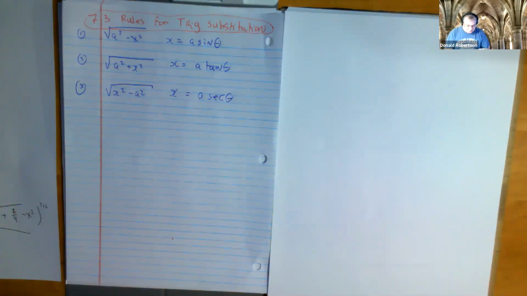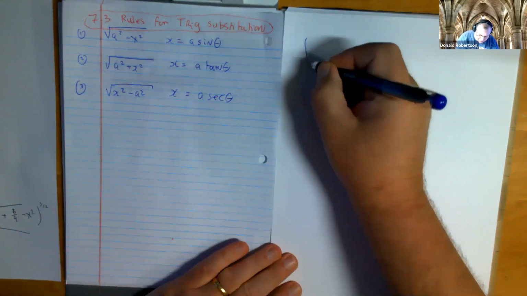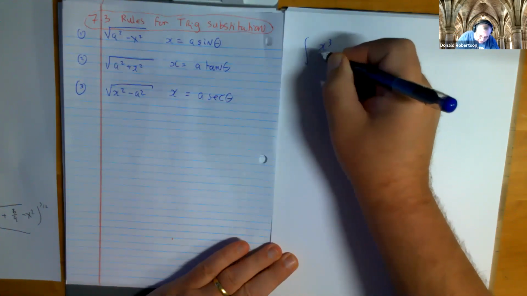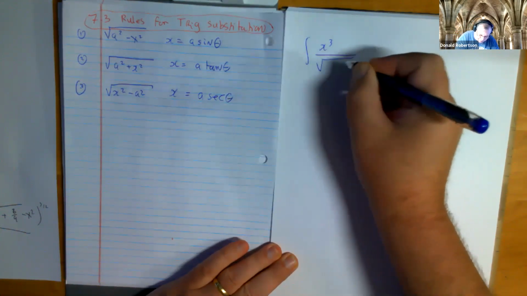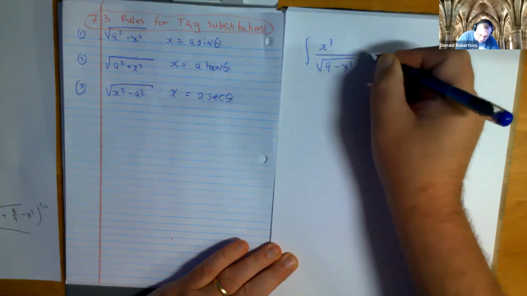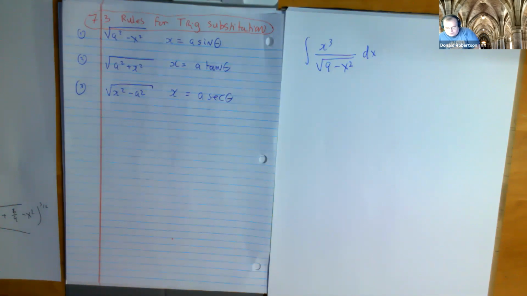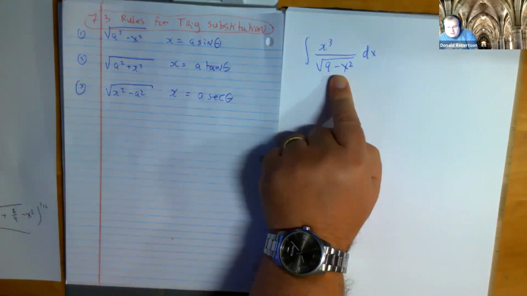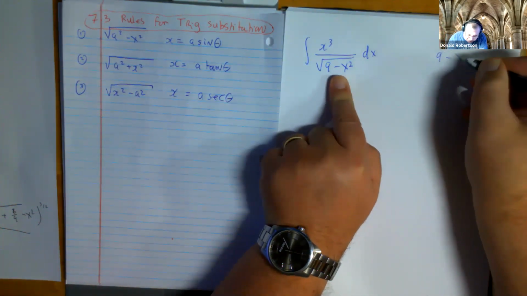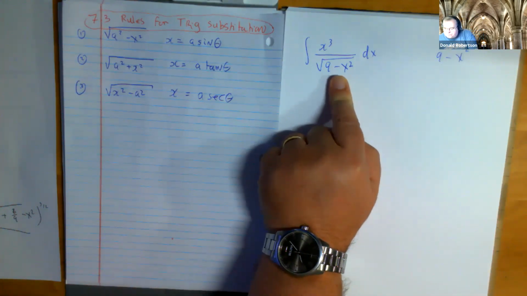So suppose you had x cubed over the square root of 9 minus x squared. First thing you do is you focus on this ugly guy. Well, this ugly guy looks like that, right?